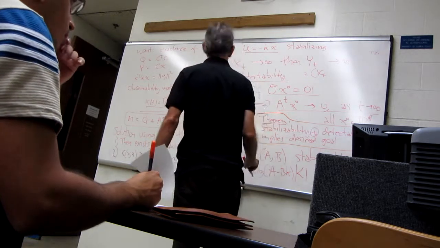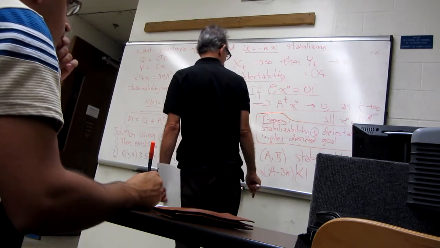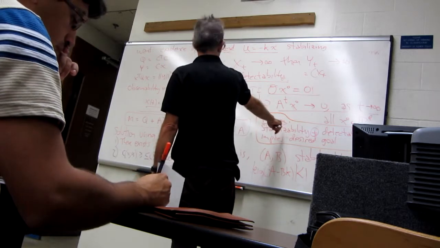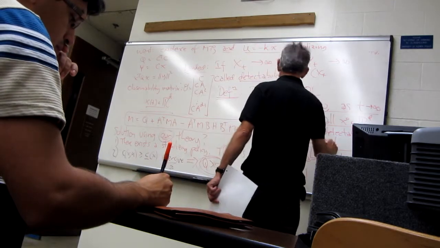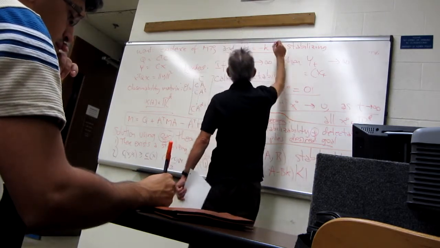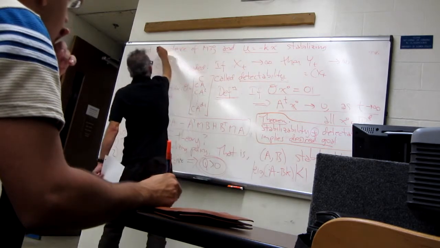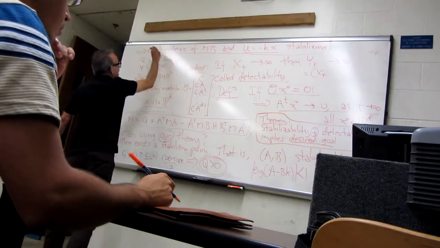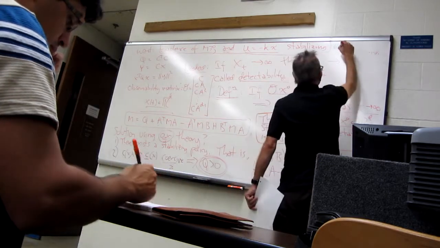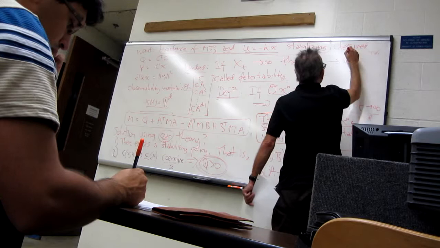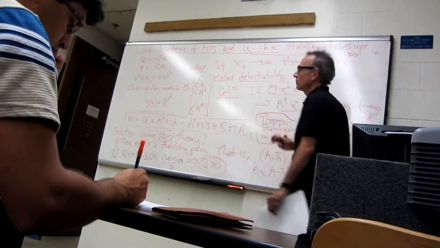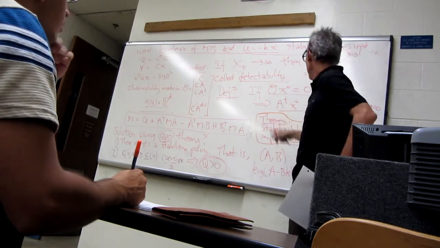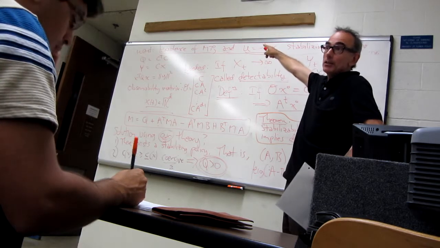there we have it. So stabilizability and detectability imply a desired goal. But that's our desired goal. So it implies that we do have an M which is positive semi-definite.